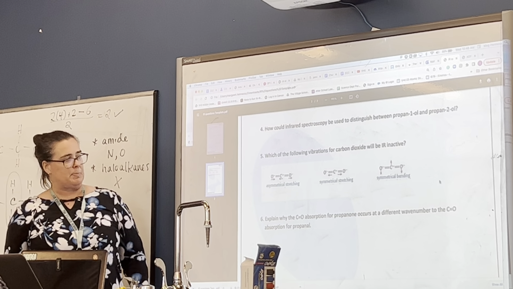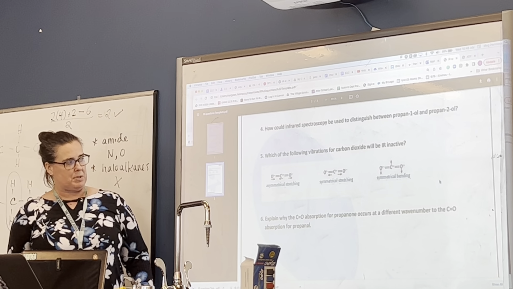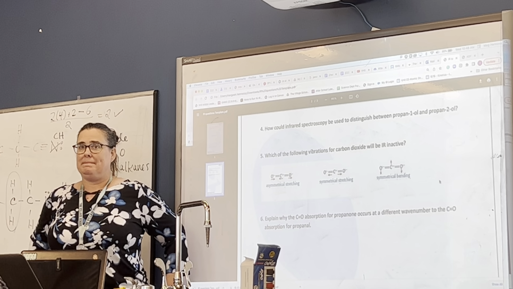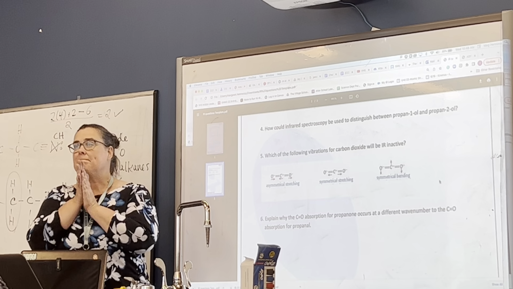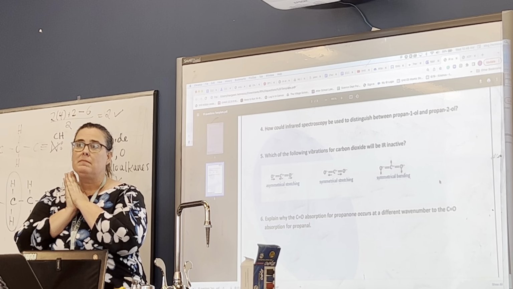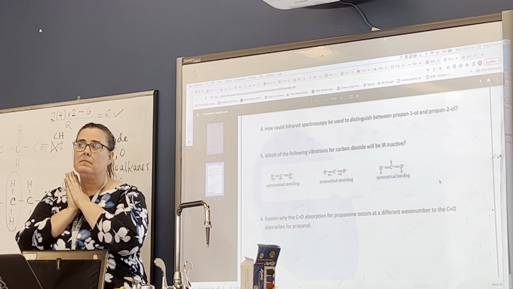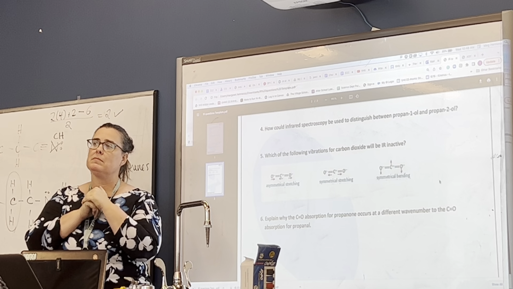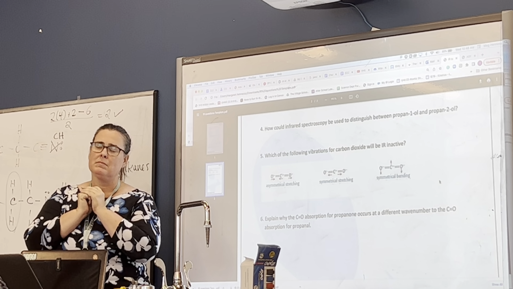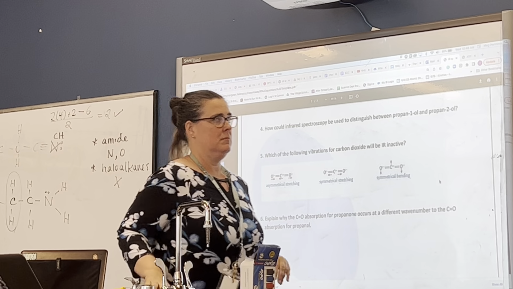Last question, explain why the C=O absorption for propanone occurs at a different wave number to the C=O absorption for propanal. Propanal has an H in it.